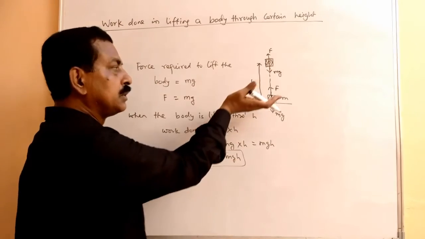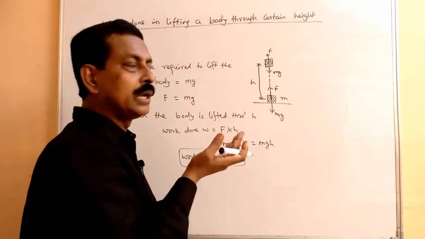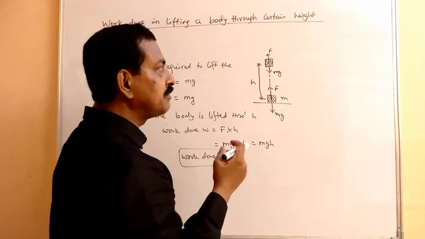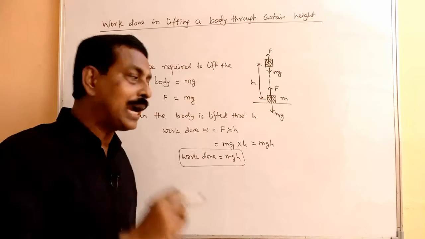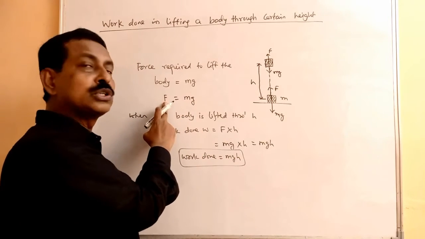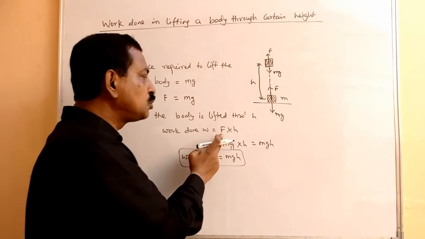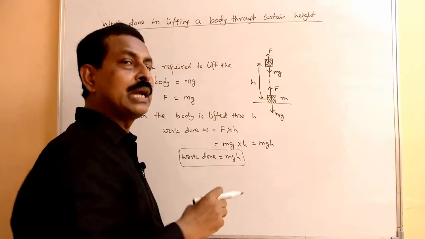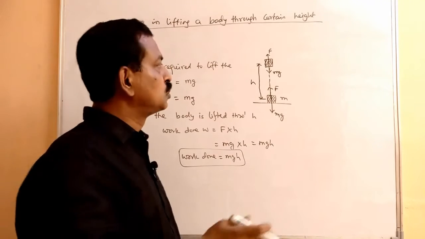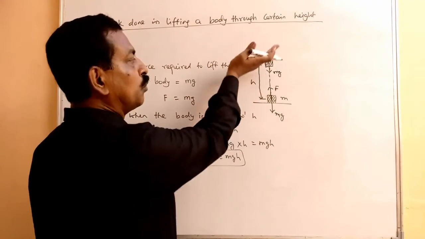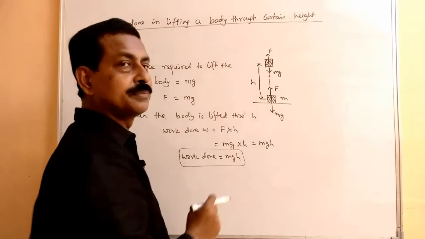If the distance through which it has been lifted is very large, there is a variation in g which we cannot neglect. In that case, this force will no longer remain constant, because we have directly used the formula force into displacement, assuming the force remains constant. So the work done will not be correct if g is varying.